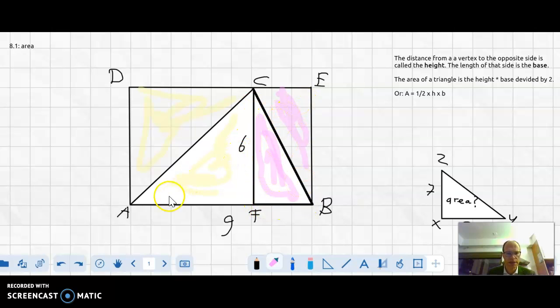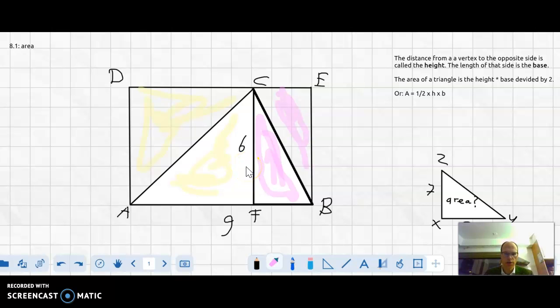And if you want to calculate the area of this triangle, then I simply need to calculate the area of the enclosing rectangle and then half it. Okay. How do we do that? We use two words. We always start with a point, with a vertex, and then the distance from that point to the opposite side is called the height.